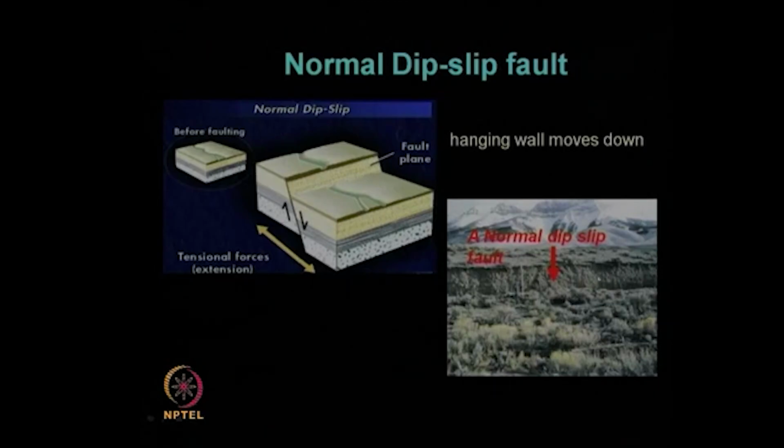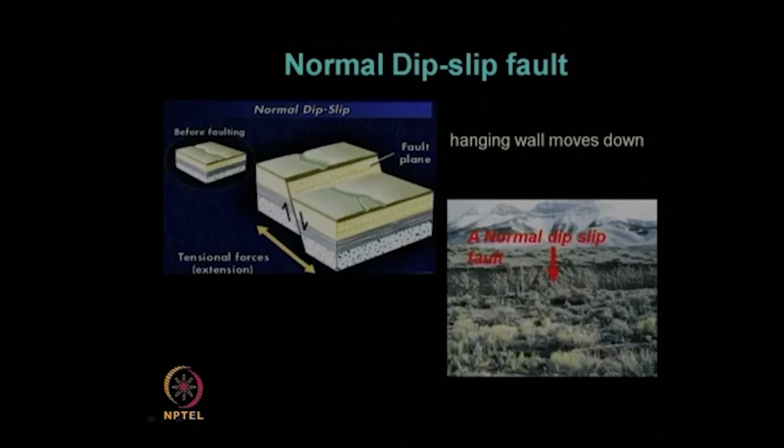So, a normal dip slip fault, this picture shows clearly, you can see this portion is much above this portion of the ground. A person is standing over there, you can easily make out what magnitude of movement can occur looking at the height of this person and height of these cars and vehicles, etc. It can be much more than the height of a person, even double the height of a person.